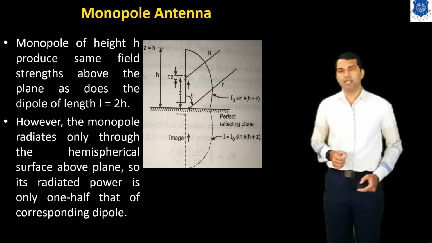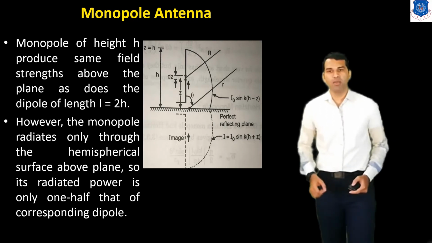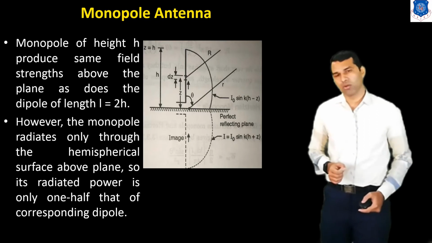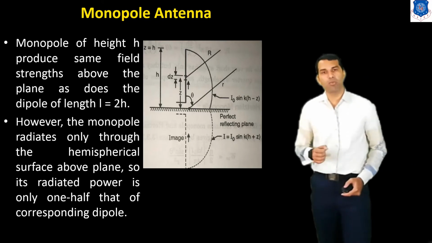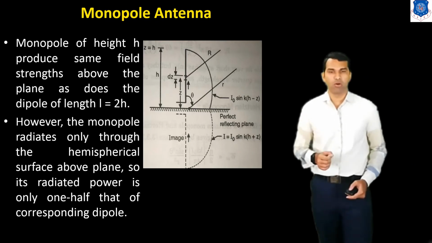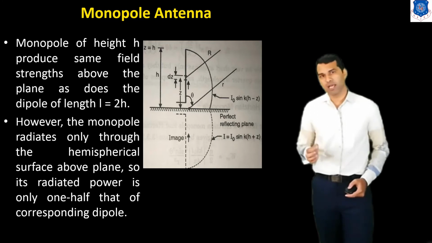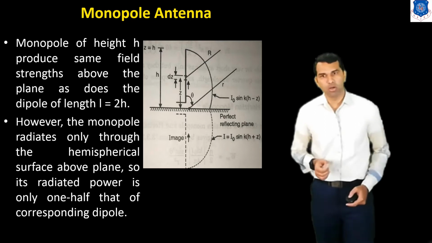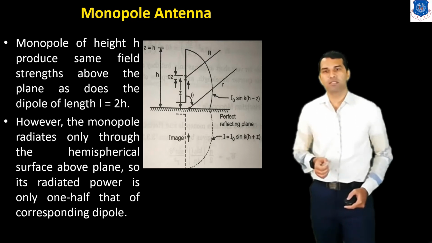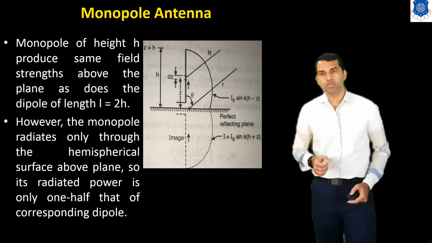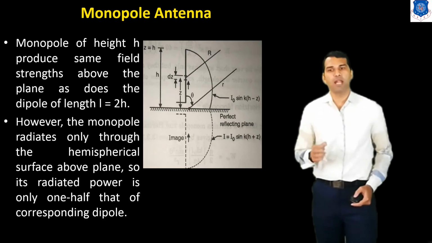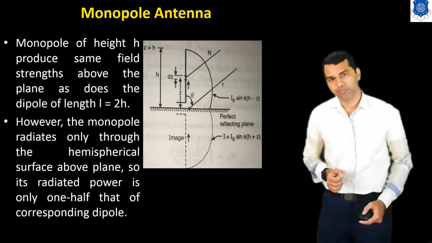So its radiated power is only one half that of the corresponding dipole, because the monopole has only one element, a single element. So the radiation of this monopole is through the hemispherical surface above the plane.